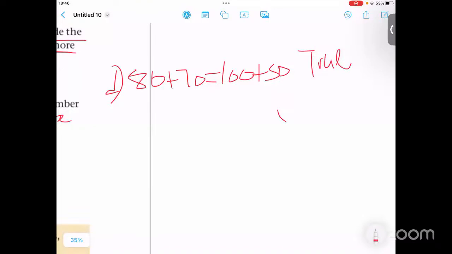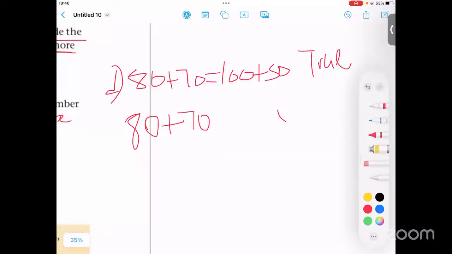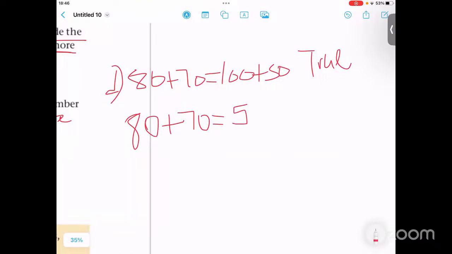And now the two more correct number sentences is going to be 80 plus 70. Guys, are you still there? Let me mark this. 80 plus 70 is equals to 50 plus 100. Now, this is the first correct number sentence after correcting.